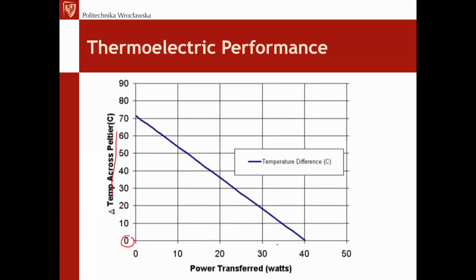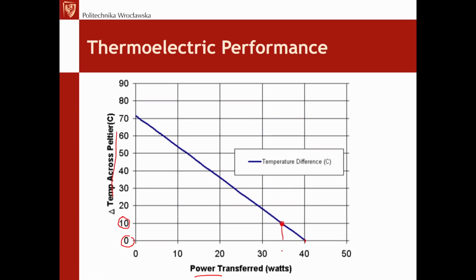Yet when the temperature difference starts to rise, so when we have 10 degrees, for example, then instead of 40 watts of heat transfer at a certain applied electric power, at constant electric power being delivered, we already have a 10 degrees difference.